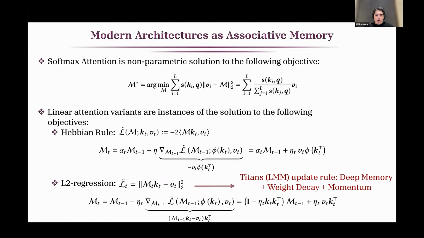So it can be any neural network optimized with the optimization process that we have. And for the choice of optimization, we use weight decay plus gradient descent with momentum. So that's a more powerful optimization process than the simple case of linear attention.